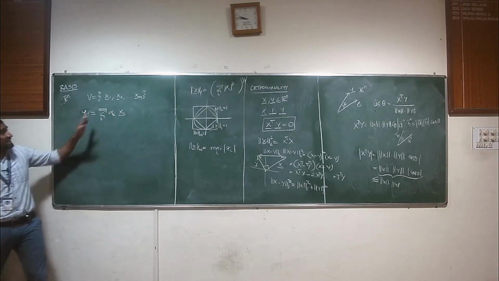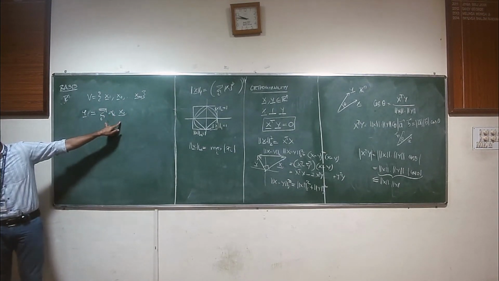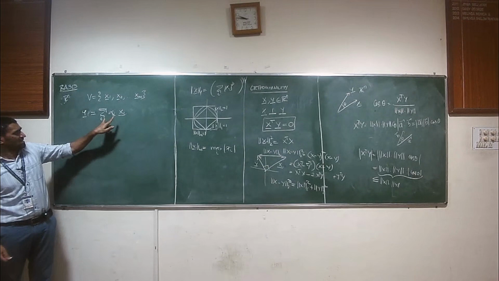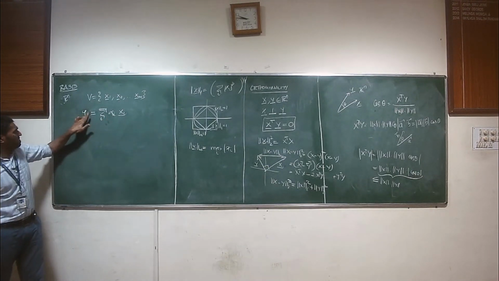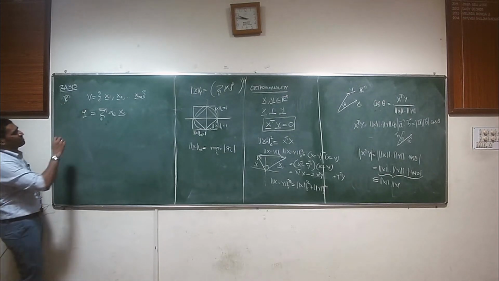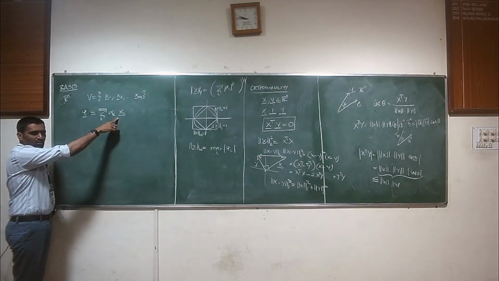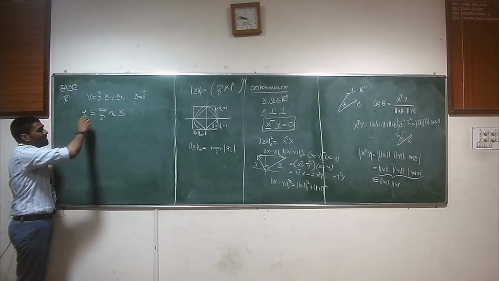Whenever I say a linear combination of a set of vectors, this expression should immediately flash in your mind. So let's say I have a vector y that I can express like this.